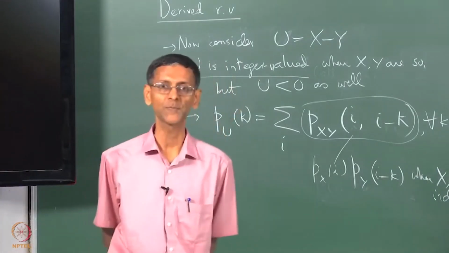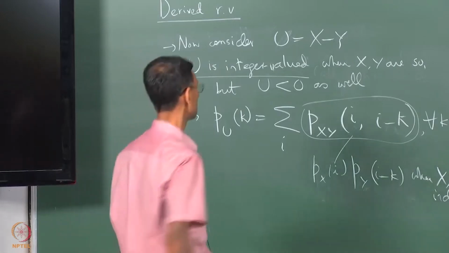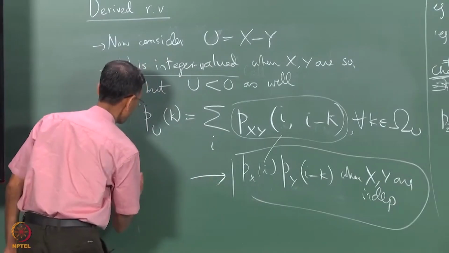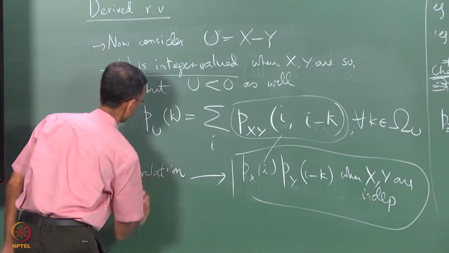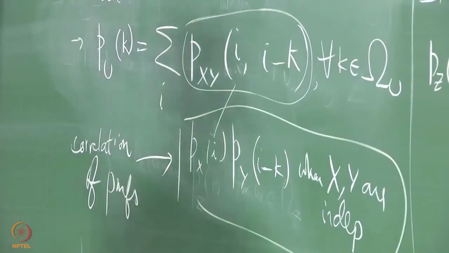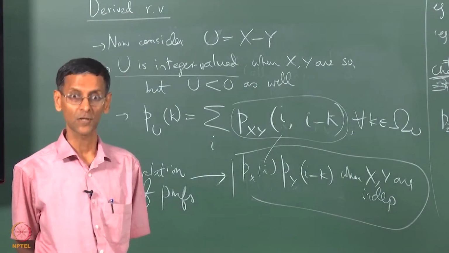Have you seen this in your DSP class? It is correlation. So for integer valued sum, independent sum, you get convolution. For integer valued difference, you get correlation.